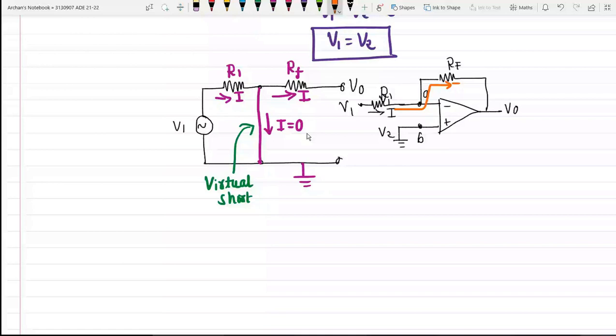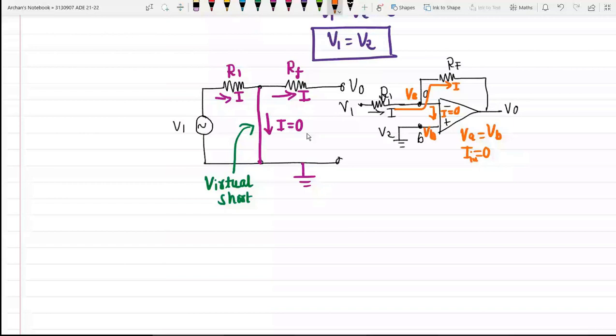And whatever potential is available at VA, the same potential will be available at VB. So VA will be equal to VB and the input current, let us say IIN, will be equal to 0. These are the two simplifying assumptions which we will be using while analyzing operational amplifier circuits.